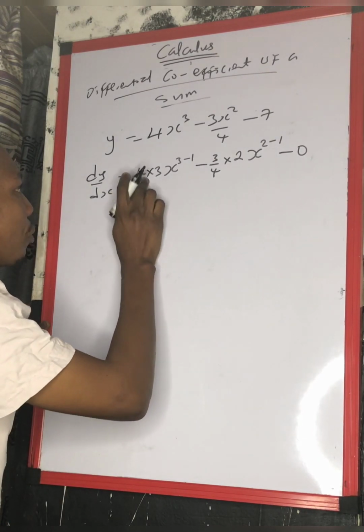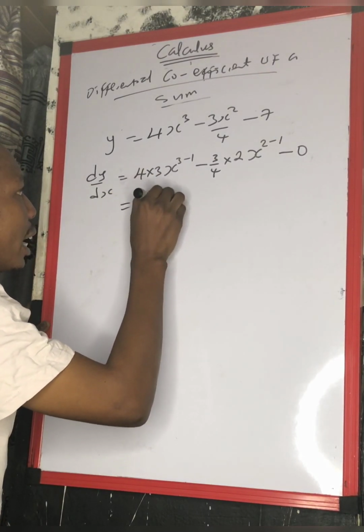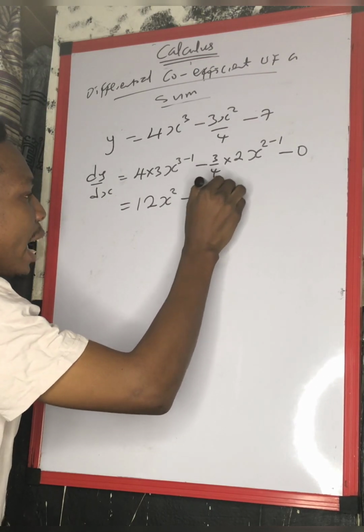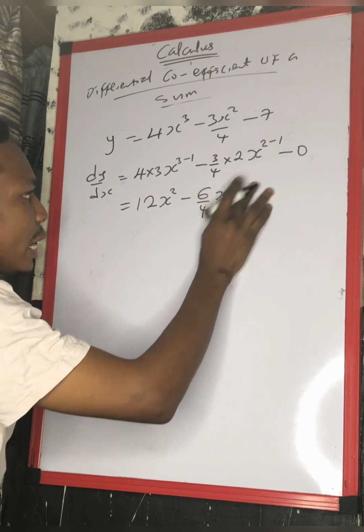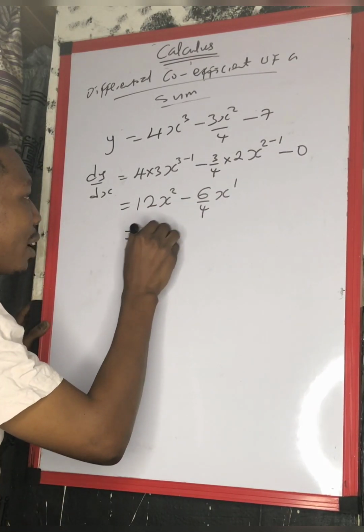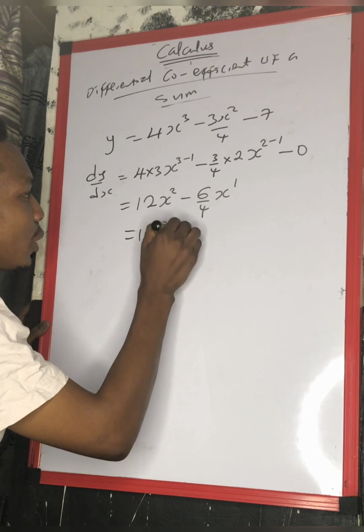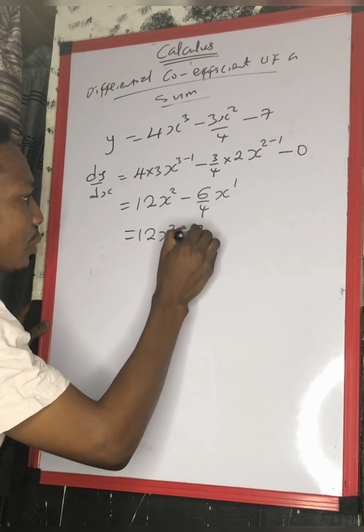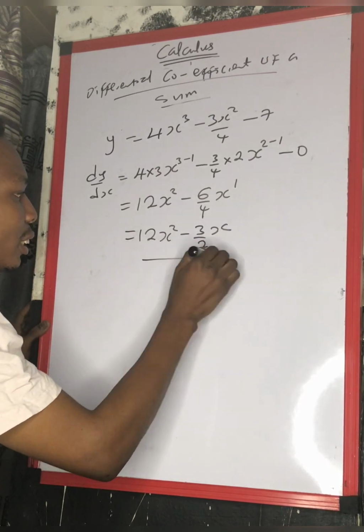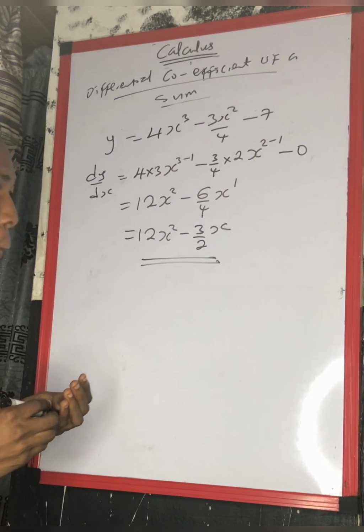So 4 times 3 gives 12x squared, then minus 6 over 4 x, and minus 0 you have that same thing. So this is written as 12x squared, then 2 going into 6 is written as 3, and 2 going into 4 is written as 2x. So that is our answer.